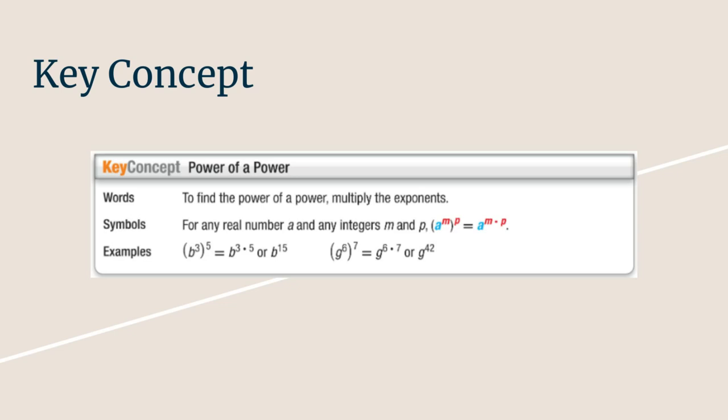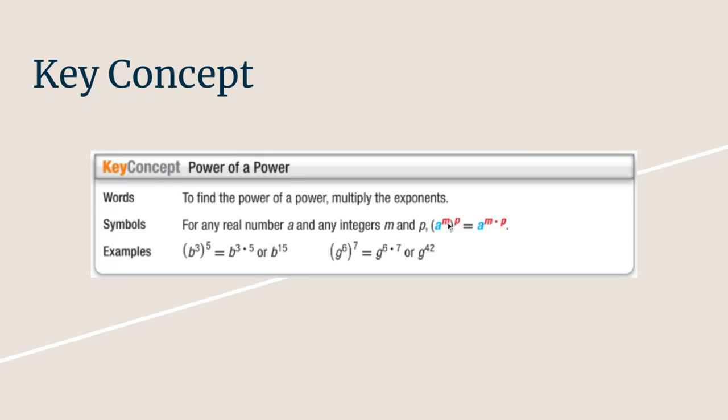You could have b to the fourth, and that is b to the power of 4. So here we're going to have whatever our base is to a number, and that number is going to be to another number. So this p right here is not attached to any variable. It's just raising a power to a power.